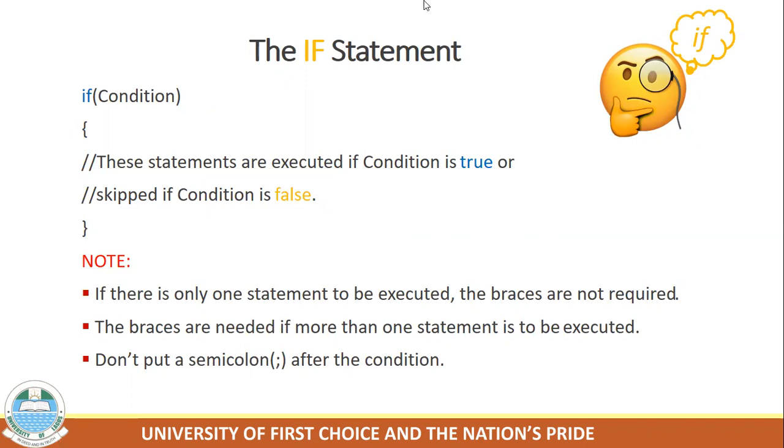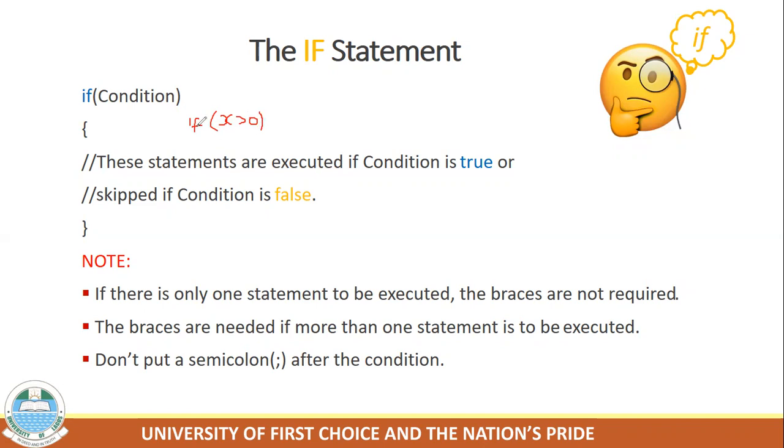So it's not an aberration for us to see an if statement as part of the keywords in making decisions. This is how we do it. You use the if statement to make decisions. If, and in your bracket, you put your condition there. So you can just say if, you open your bracket and say if x is greater than 0, and you close it.